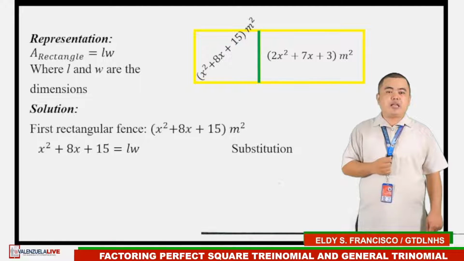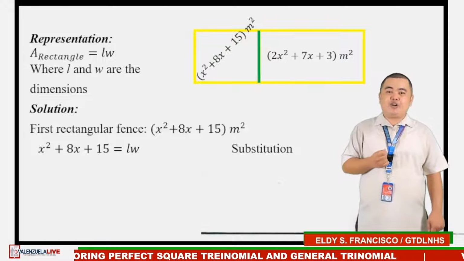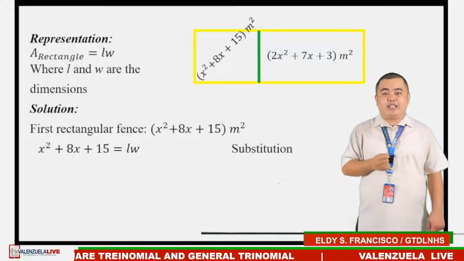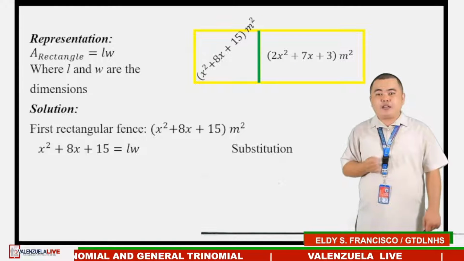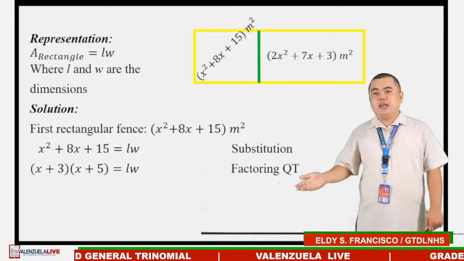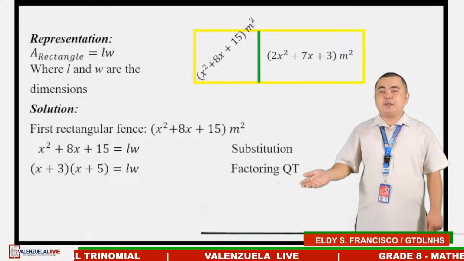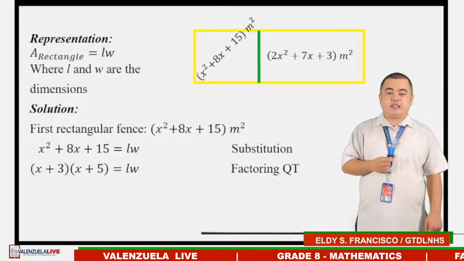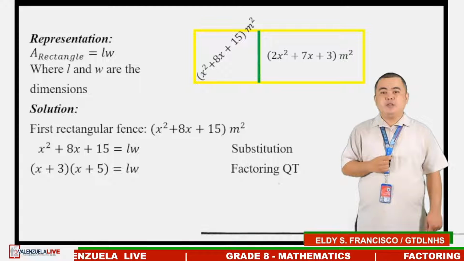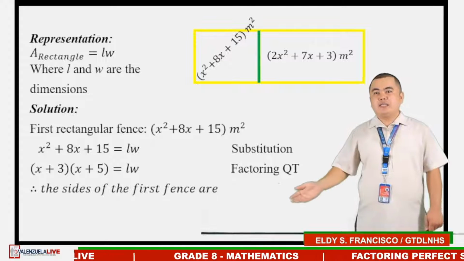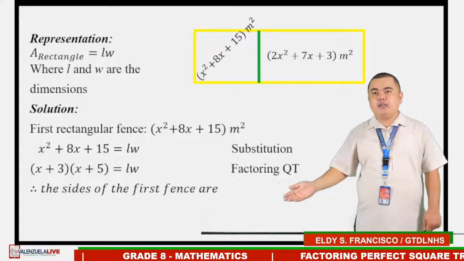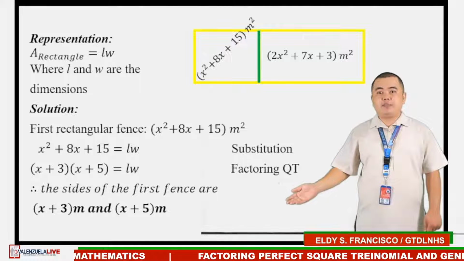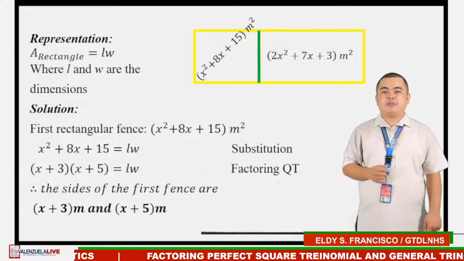And as you can notice, our area is a quadratic trinomial with a equal to 1 that can be factored as quantity x plus 3 times quantity x plus 5, and that is equal to length times width. Therefore, the sides of the first fence are x plus 3 meters and x plus 5 meters.